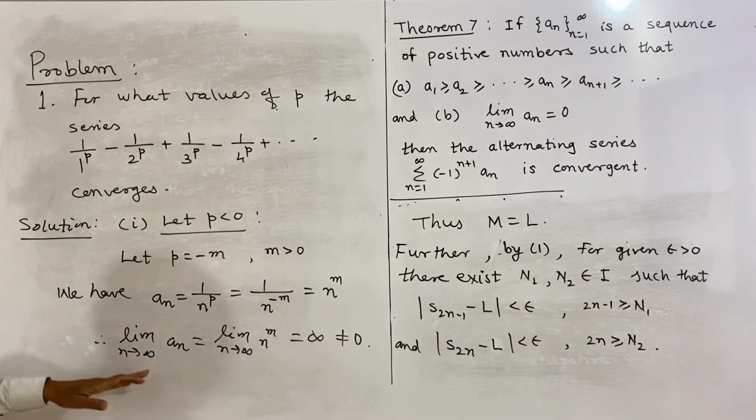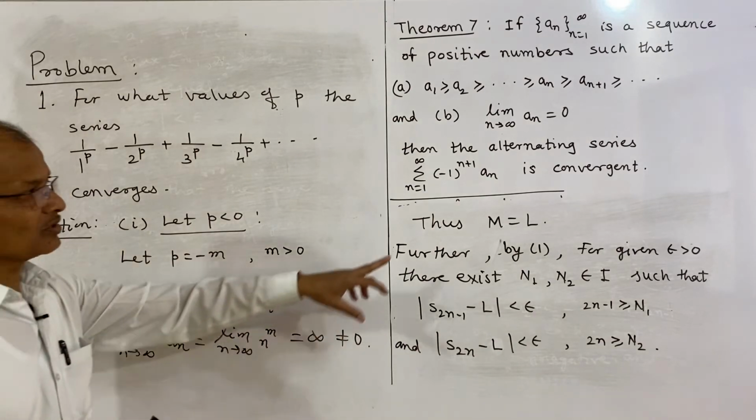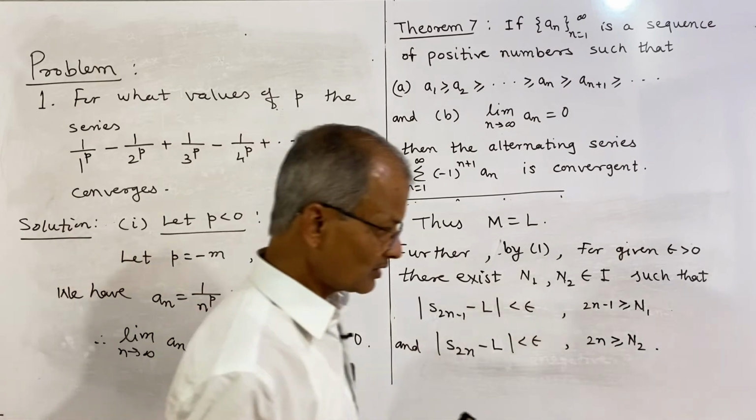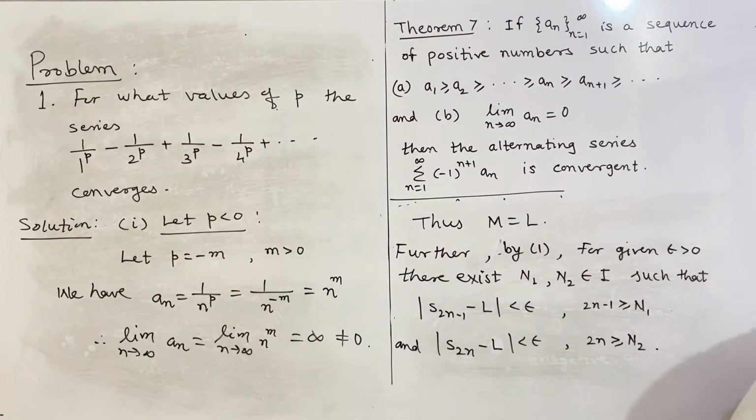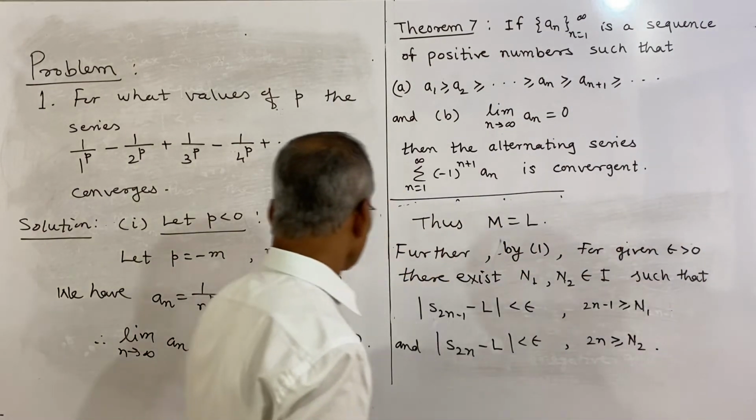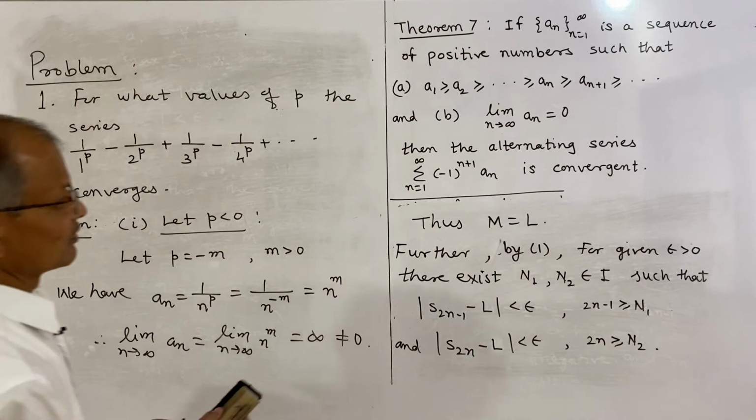Therefore the limit of the nth term is not 0 and the series is not convergent. So this series does not converge. That is the result for P less than 0. Now we consider the case P equal to 0.